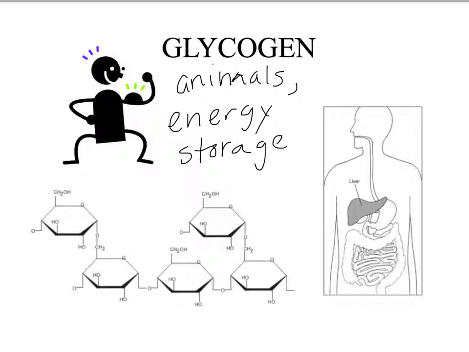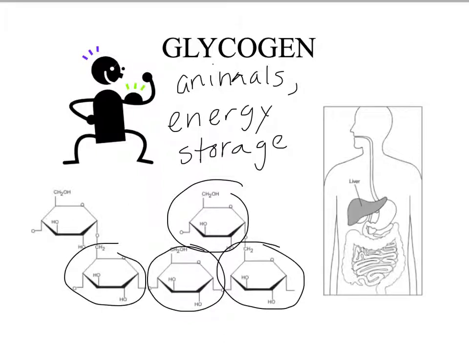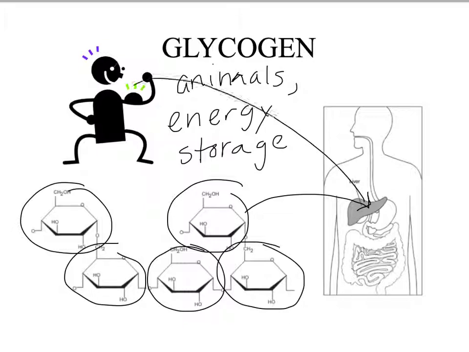Now what happens is glycogen is all of the different monosaccharides, usually glucose, bonded together from your food. We pack that off into our livers. The liver will store that glycogen until we need it. And what might we need it for? Well, we might need it for energy for our muscles. So when you start using your muscles for whatever activity it might be, your body takes that glycogen that's stored in your liver and starts to break it down to get energy out of it.